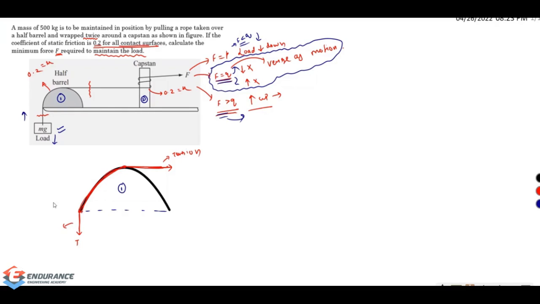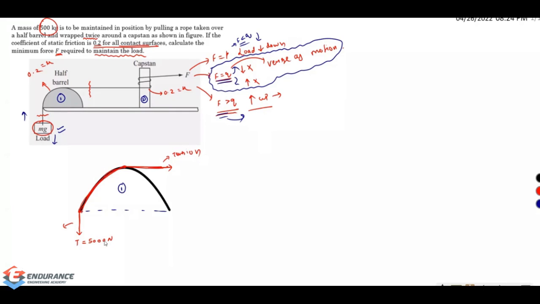How much is this tension? It is the load itself, M into G, which is 500 kg, so 500 into 10, that is 5000 Newton. So this tension is going to be 5000 Newton.